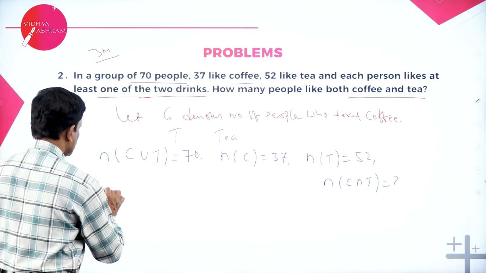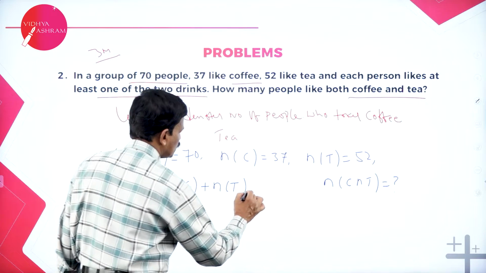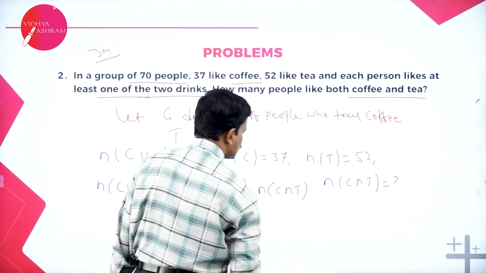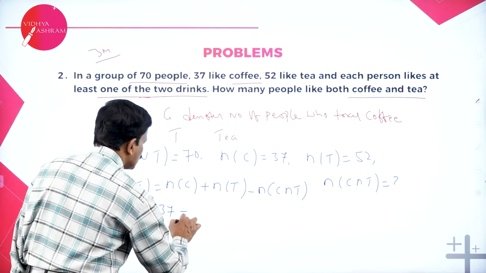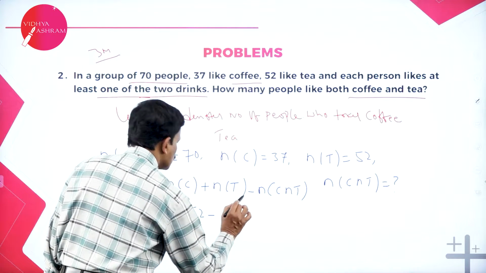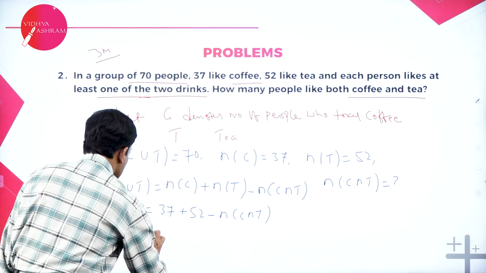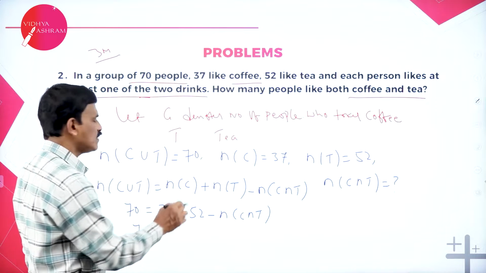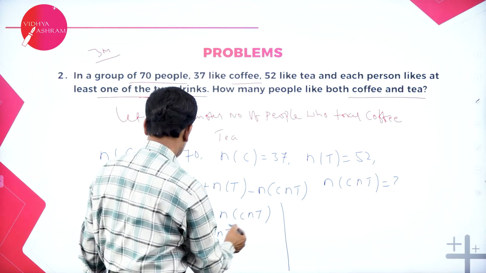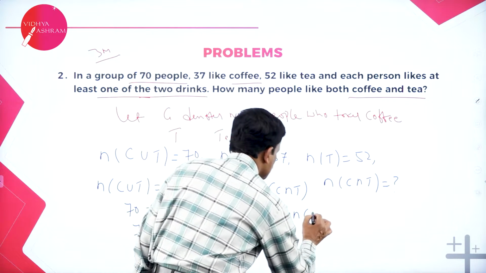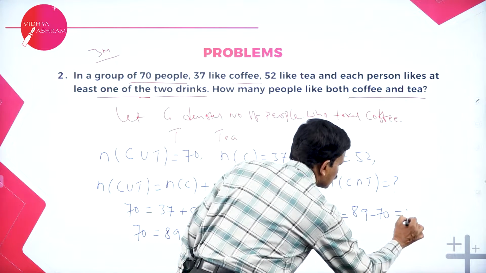So we know the formula: N of C union T is equal to N of C plus N of T minus N of C intersection T. Now substitute: C union T is 70, N of C is 37 plus 52 minus N of C intersection T. So 70 is equal to 37 plus 52, which is 89, minus N of C intersection T. Therefore, transferring, N of C intersection T is equal to 89 minus 70, that's equal to 19.